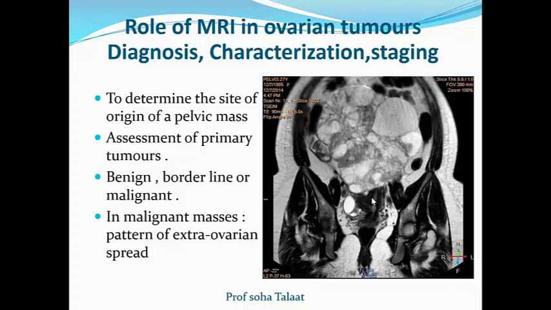Another sign is that the adnexal region here is pulled up towards this mass. The ovarian vein is also pulled up towards the mass, and this is a sign that it is ovarian in origin.